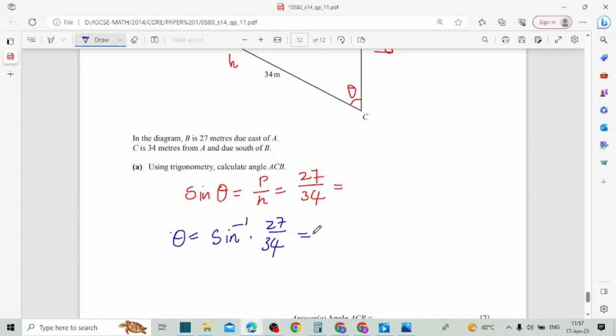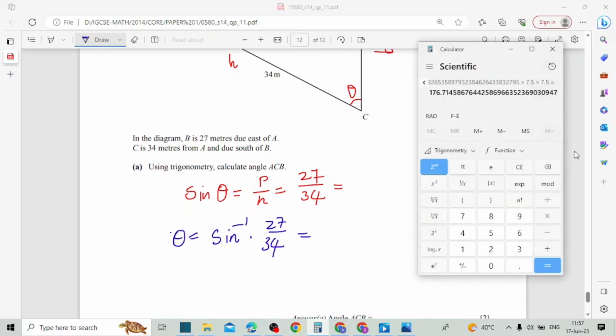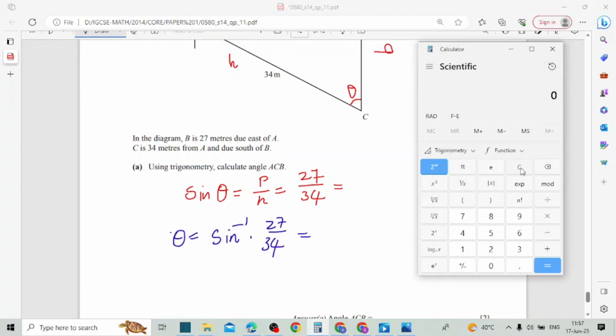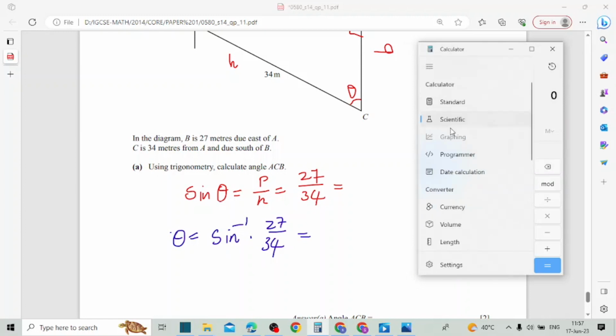Now, what will be the value of it? Let's go to the calculator. I need the scientific calculator, since the scientific calculator has the trigonometric facility. Also, in the navigation, you have standard and many types of calculations you can do in this Windows calculator.